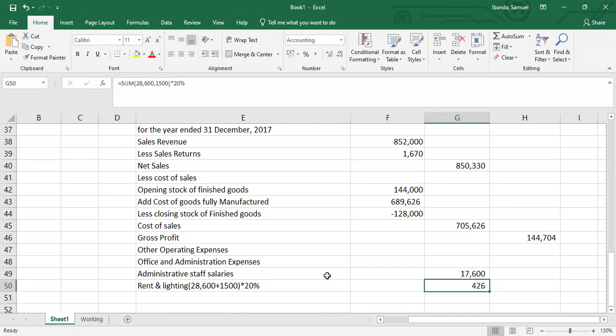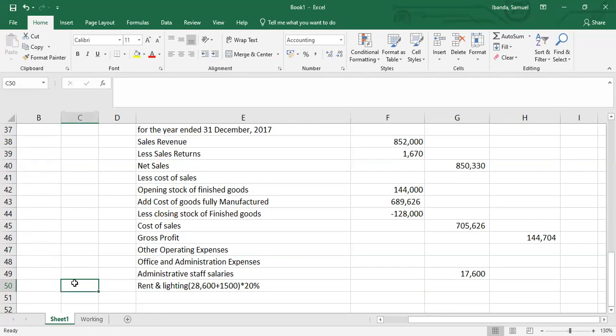So it gets me to 426. I hope that is the right figure. Let me try to calculate it aside, so that it doesn't disturb me much.